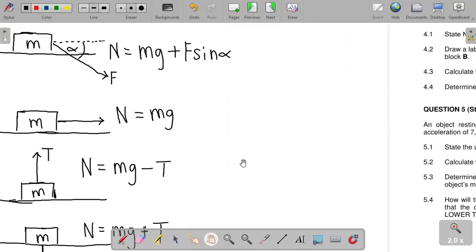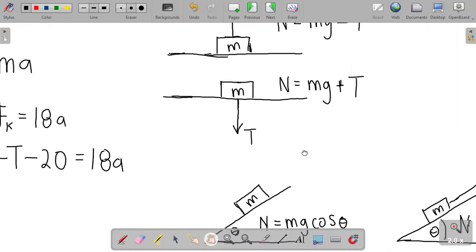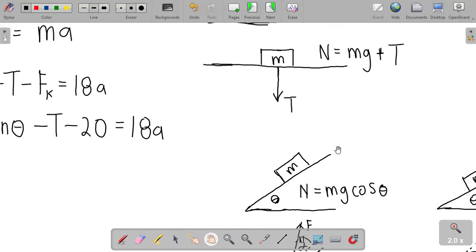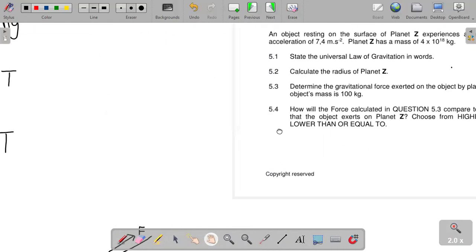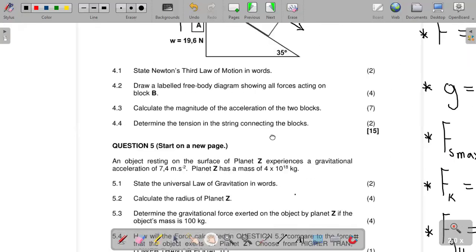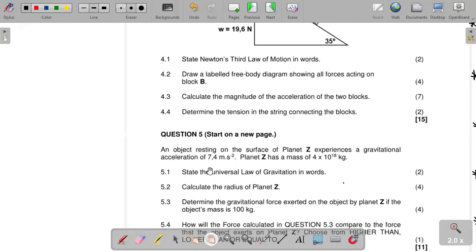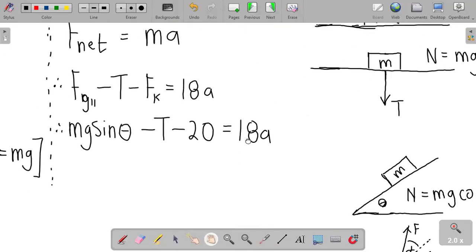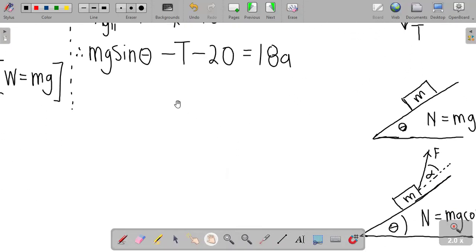Okay, so we just substitute everything. And then the angle of inclination is 35, I think. Yes, we have 35 degrees. So we have to come here and substitute 35 degrees. If we swap, we can take T that side to make T the subject.